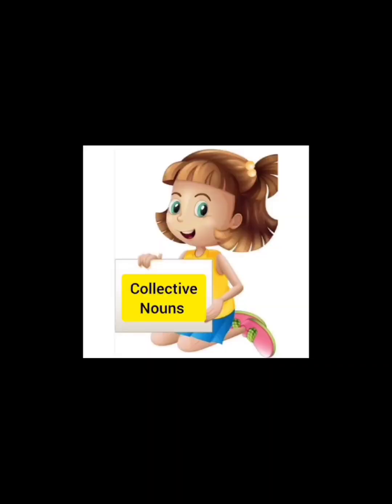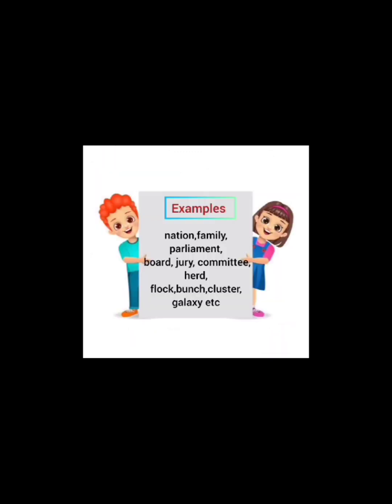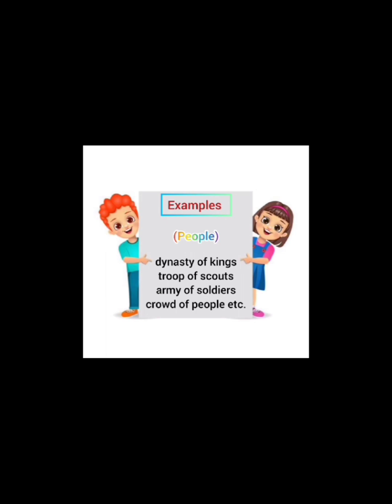Collective noun. It is the name which stands for a group of things, people, places, birds, animals, etc. Examples: nation, family, parliament, board, jury, committee, herd, flock, bunch, cluster, galaxy, etc. Well, the names given to the group of people, we have a lot of examples.